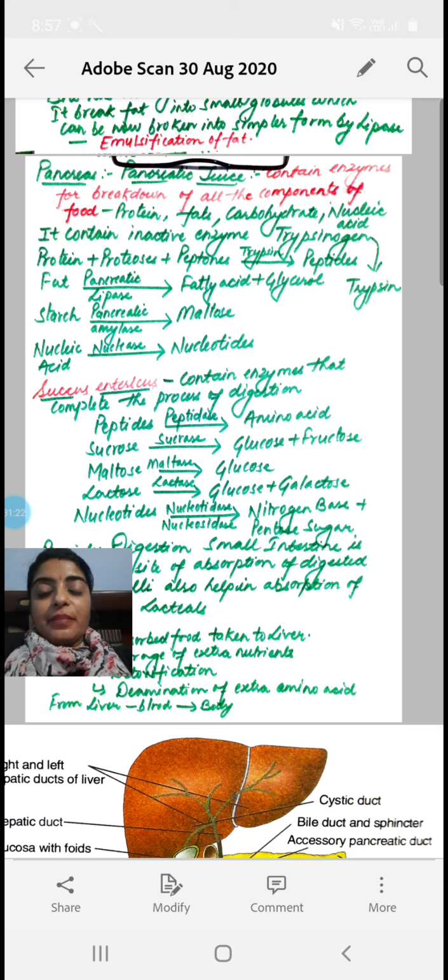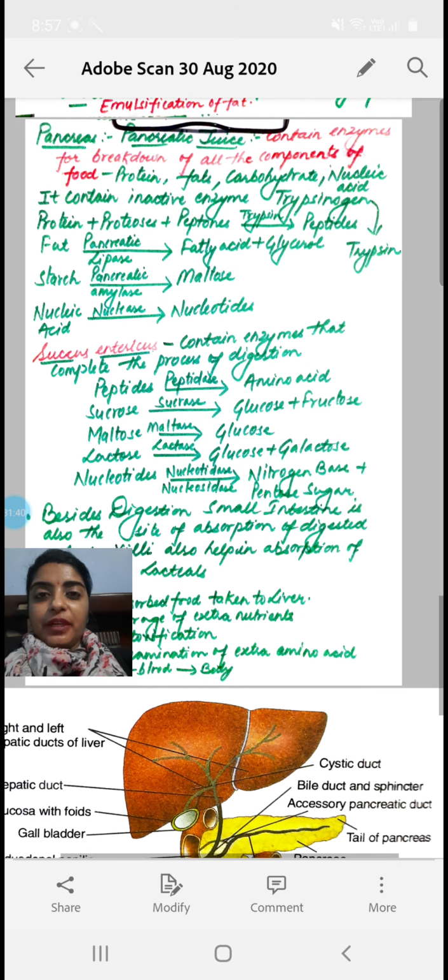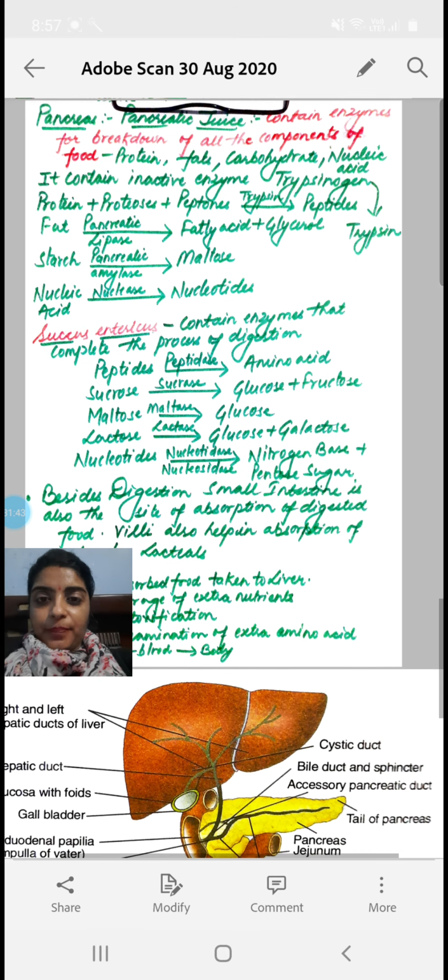So this emulsified fat, now converted into small droplets, can be worked upon by the lipase enzyme further. ये जो lipase enzyme है, ये fat को digest करने में help करती है. Okay, so that was about the liver and its function.